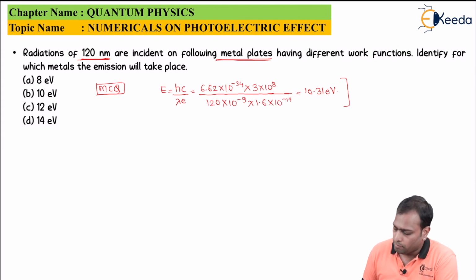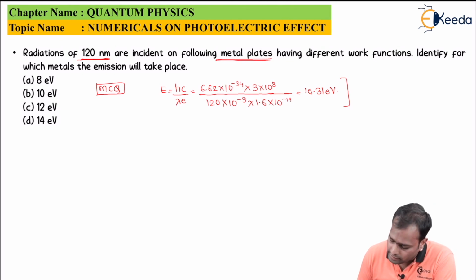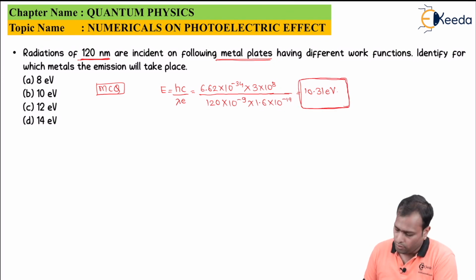Now, in the question, we got the energy value as 10.31 electron volt. This is the amount of energy that you have supplied to the metal. Now, you know what work function is. Let's suppose the value of work function is 6 electron volt.